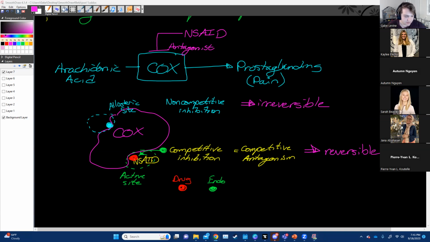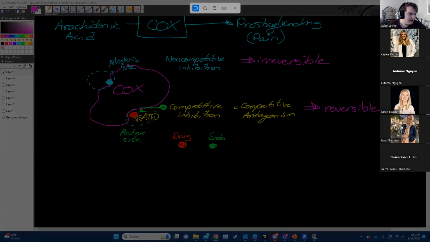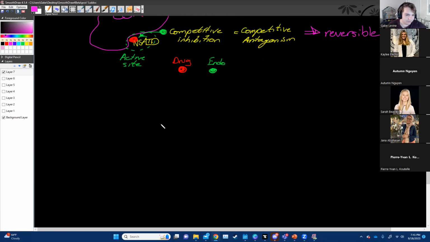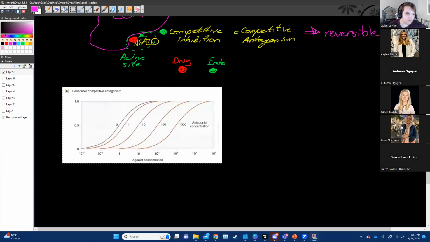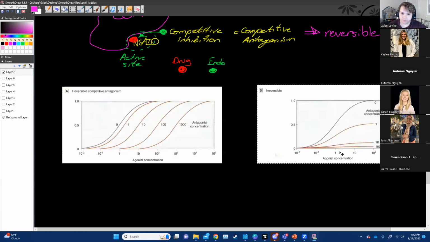One of the confusing graphs in the packet, which is page 27, are these two graphs here. What both of them are measuring, once again, is the dose of the agonist.